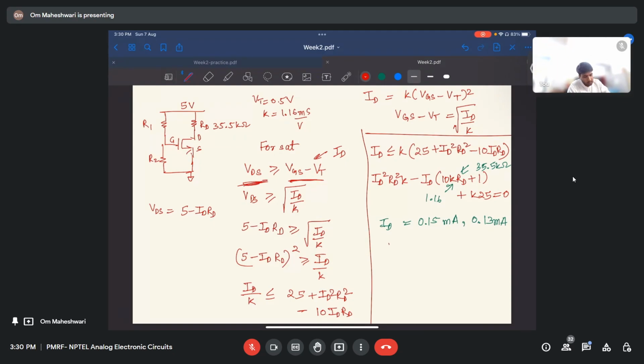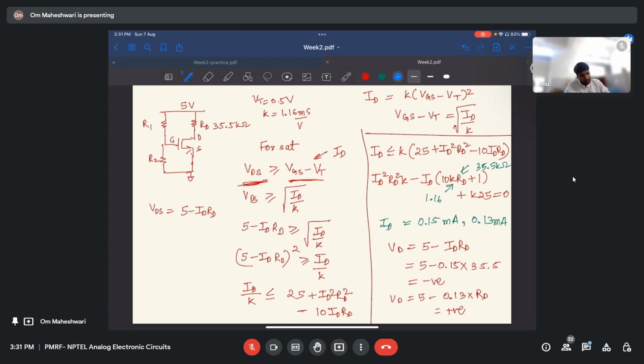VDS equals 5 minus ID RD. 5 minus, let's say, 0.15 into RD, which is 35.5K, will give me some negative value, whereas VD equals 5 minus 0.13 into RD will give me some positive value. So the final answer will be 0.13 milliampere.